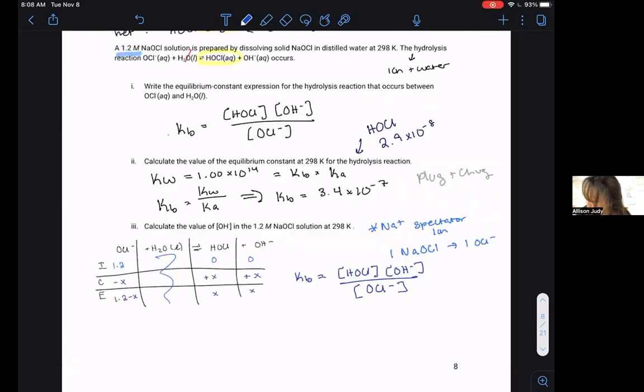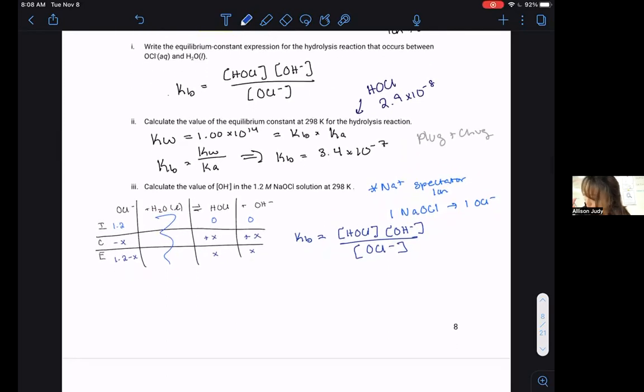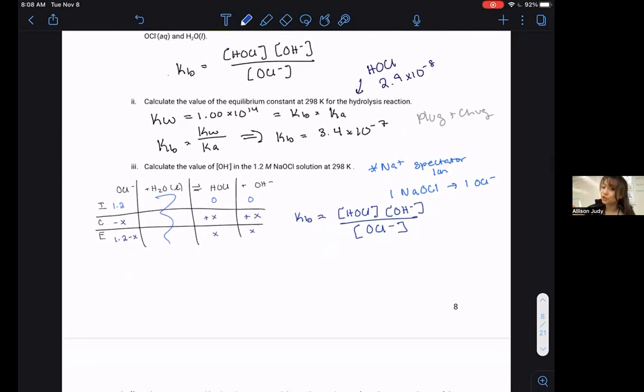Notice you are using the work from the part above in part 1. So it's almost like it's trying to guide you. All right, and what I get is x times x all over 1.2 minus x.